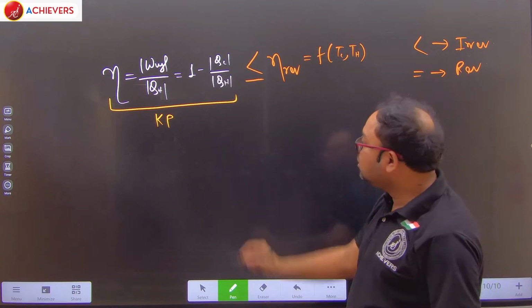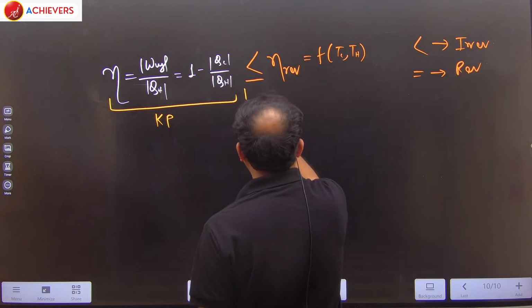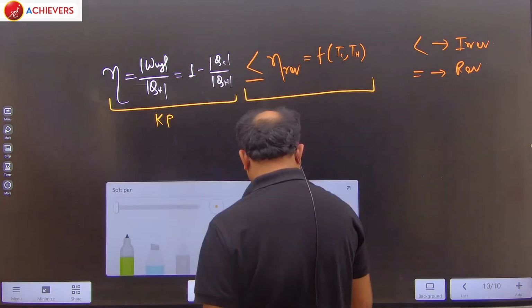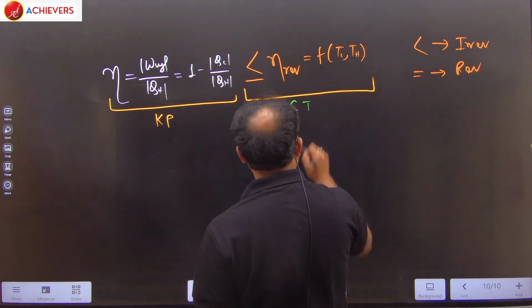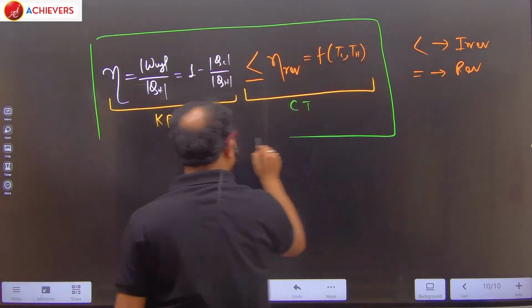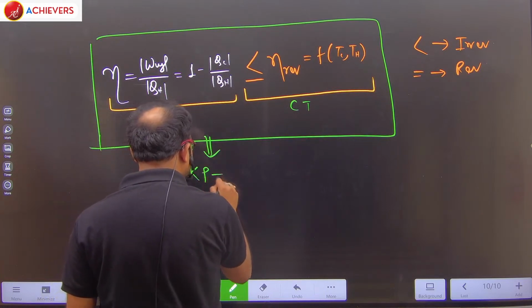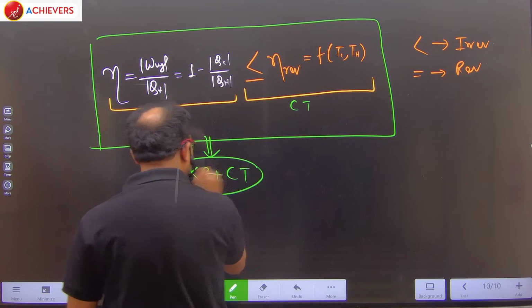So this was the Kelvin-Planck statement, and this was Carnot's theorem.